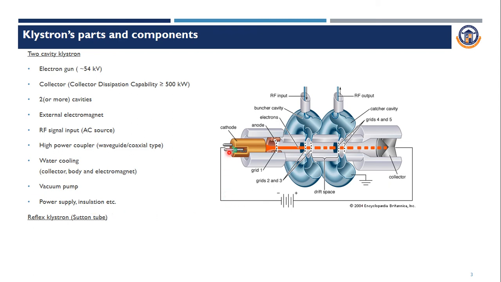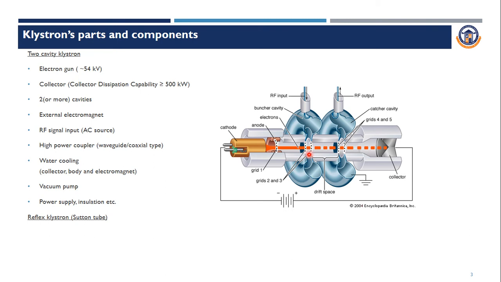So in this diagram, you can see there is a cathode. If you give an external supply to this cathode, the cathode will start to emit electrons. The electrons reach the first cavity, that is the buncher cavity.